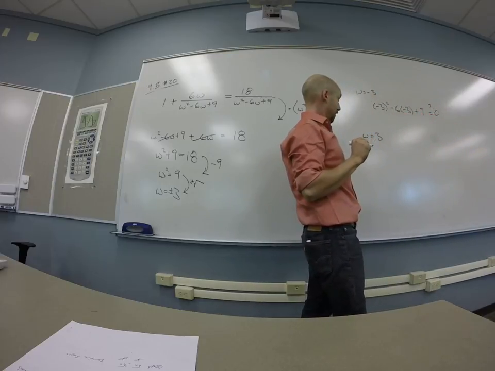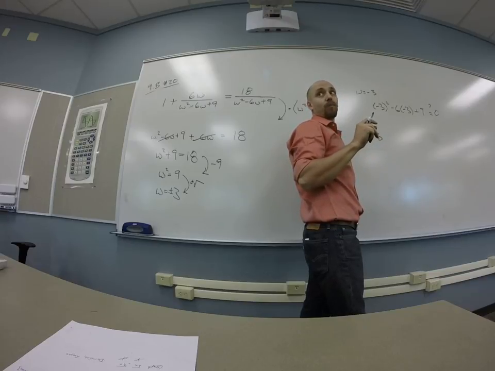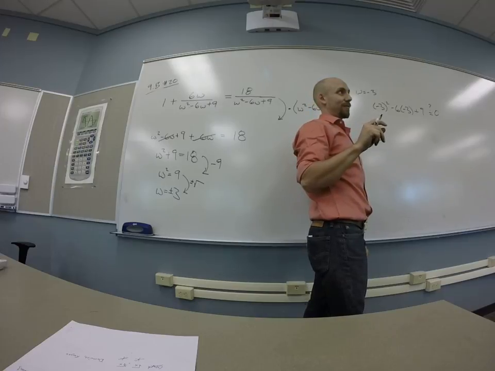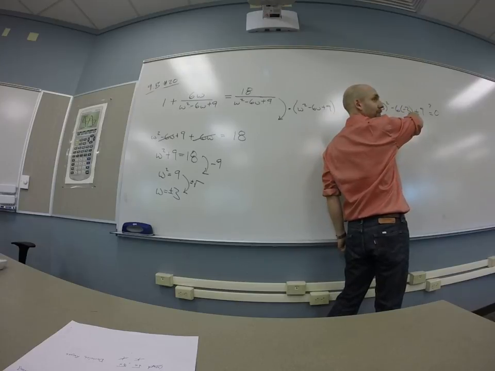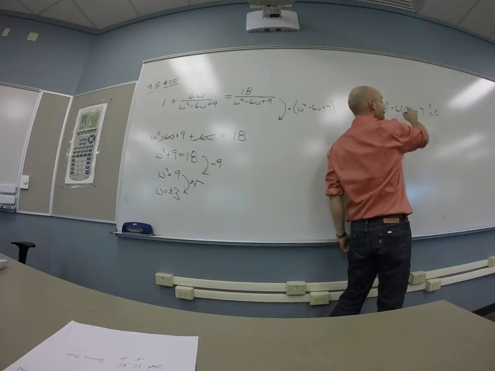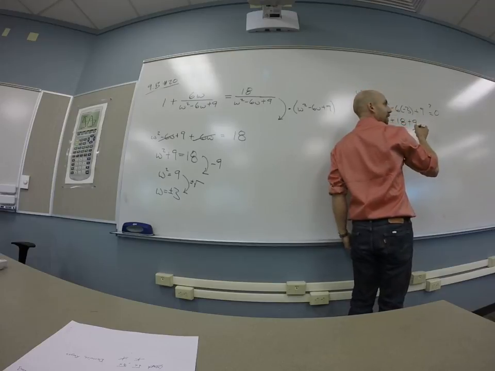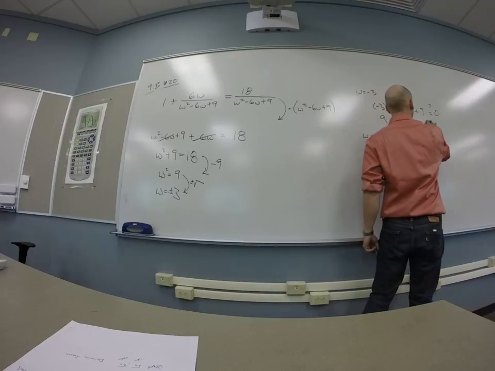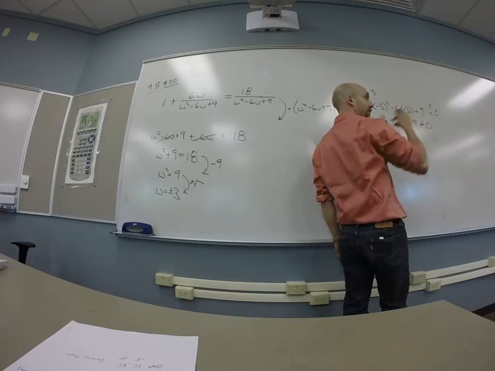Is it? What's negative 3 squared? 9. Negative 6 times negative 3 is positive 18 plus 9, which is definitely not 0 because it's 36. So negative 3 is okay. Right, so negative 3 is a solution, yeah.